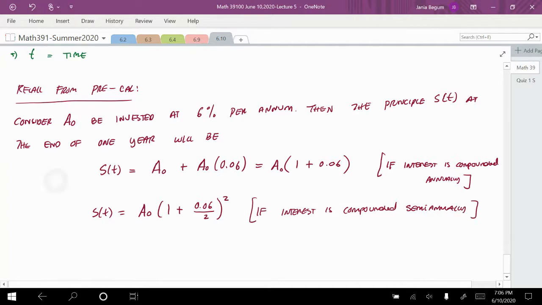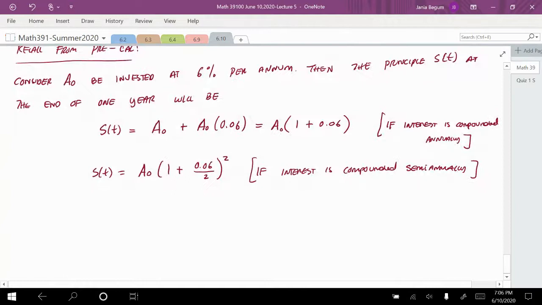Okay, and then you can keep going. You can generalize this. What will be the amount if you compound quarterly? Quarterly means four times a year. So that would be A naught times (1 plus the interest over 4) to the 4th power. This would be the amount if the interest is compounded quarterly.